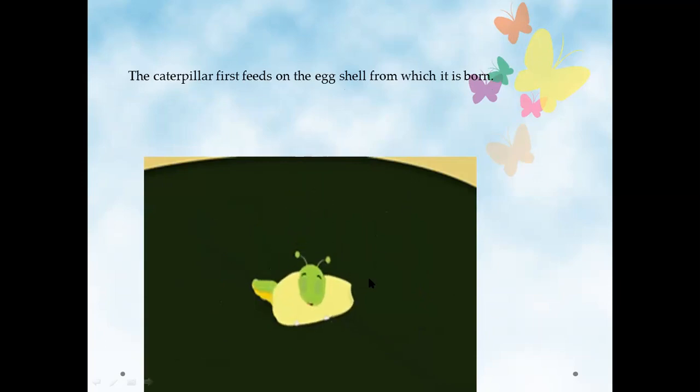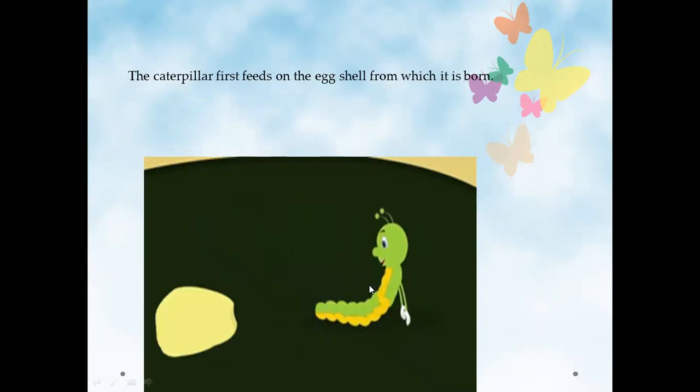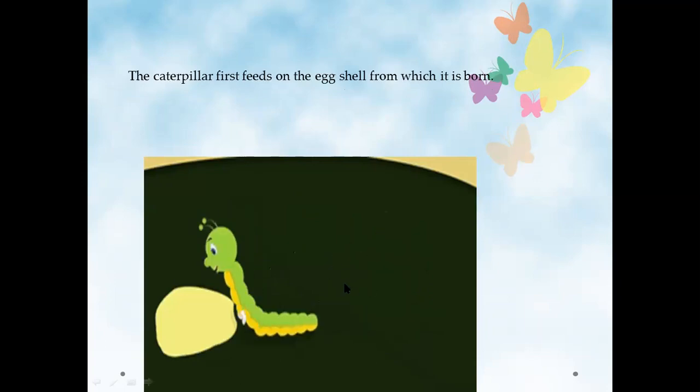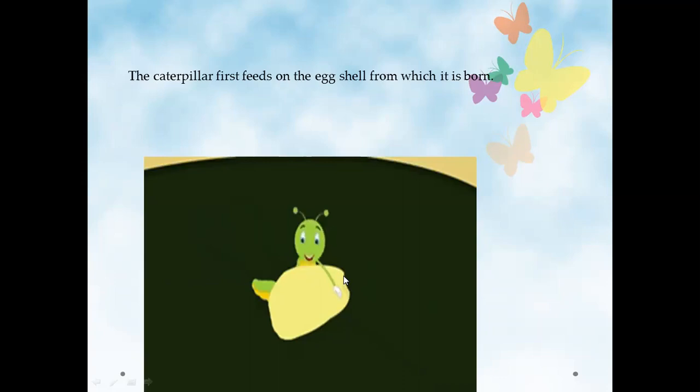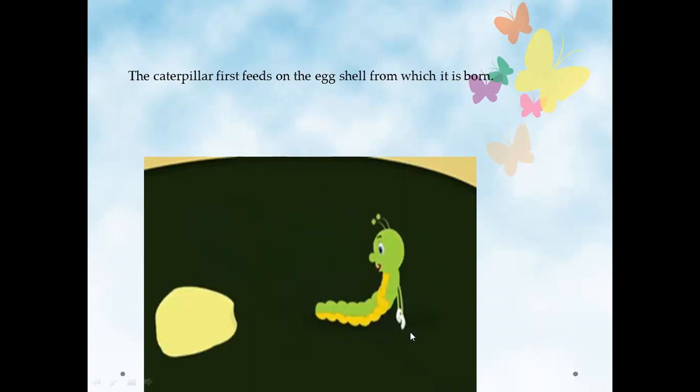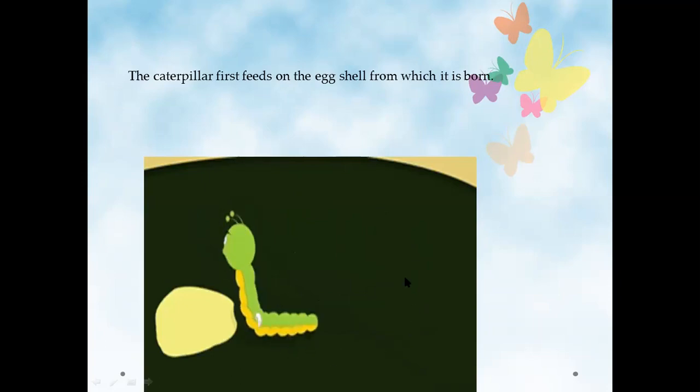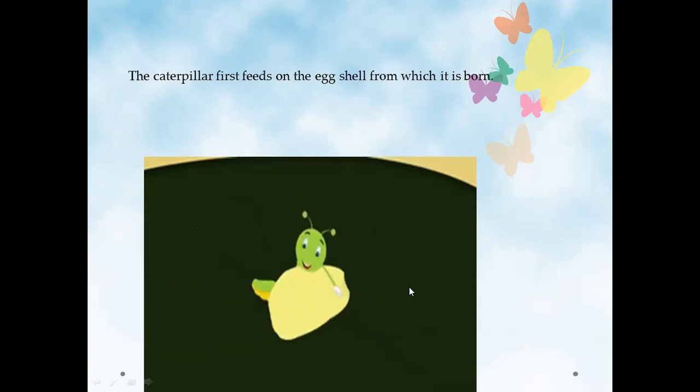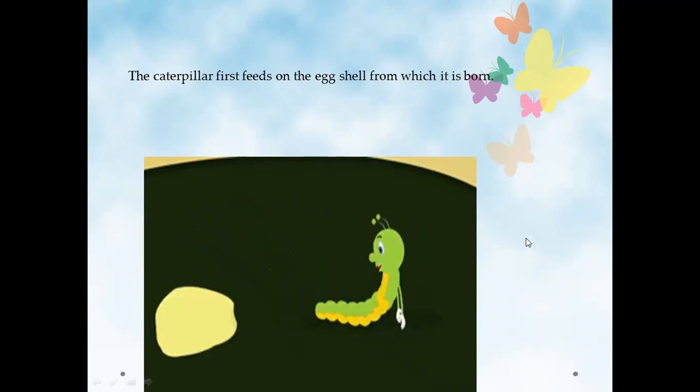At this stage, what is the caterpillar eating? The caterpillar is eating the shell of the egg from which it is born. Look at this picture. Understood?